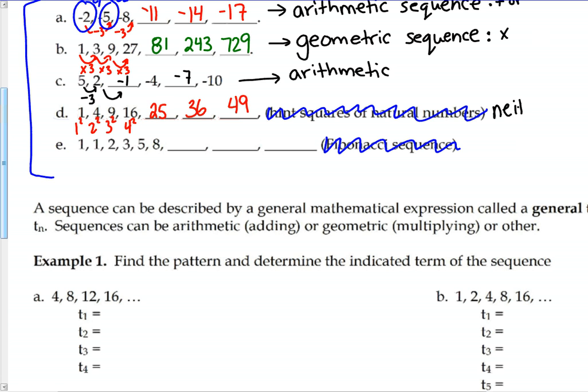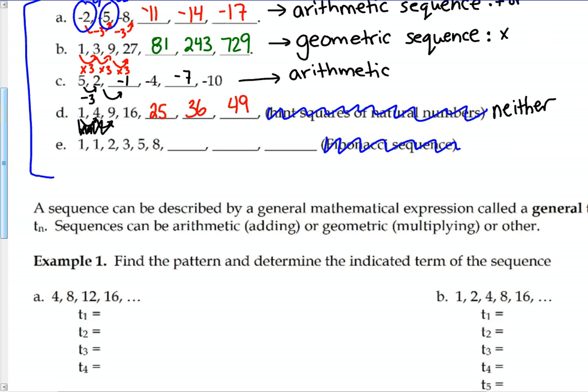Are we multiplying by the same thing each time? No. If you think of it this way, to go from 1 to 4, I would multiply by 4. Is 4 times 4 equal to 9? No. So it's neither. And we're not adding the same thing either.